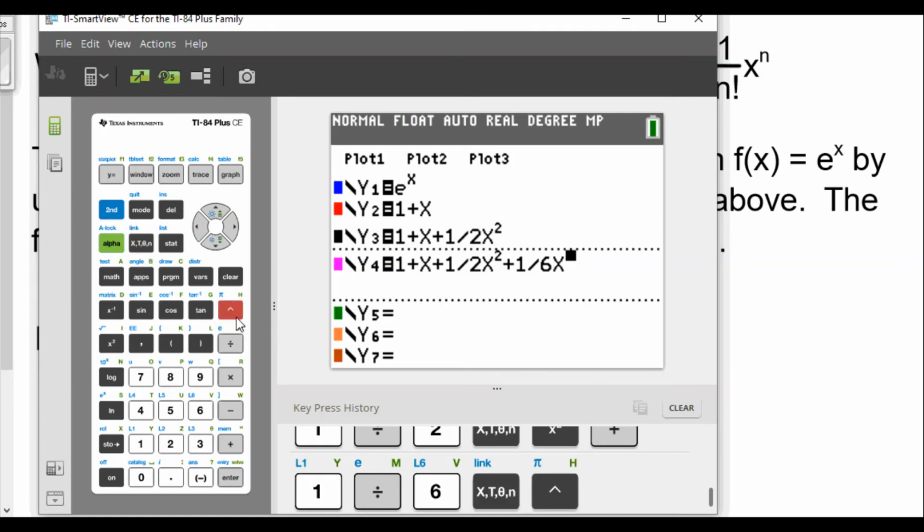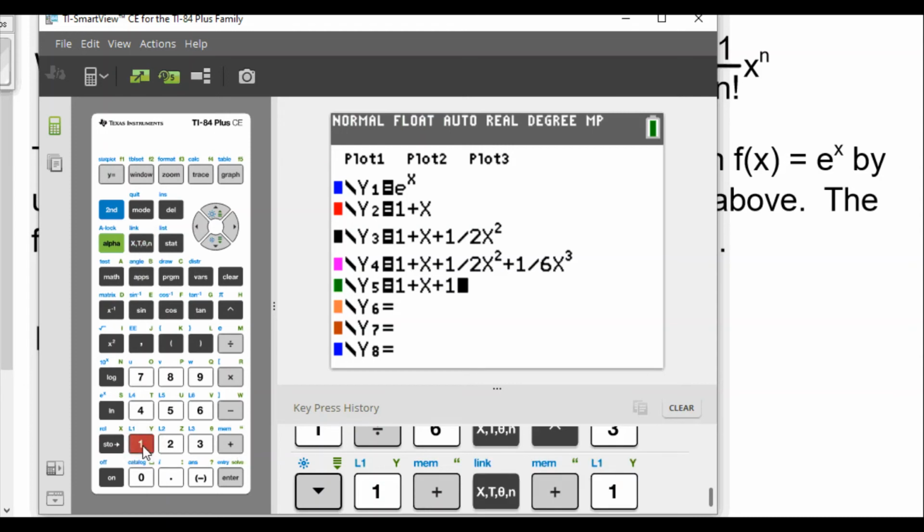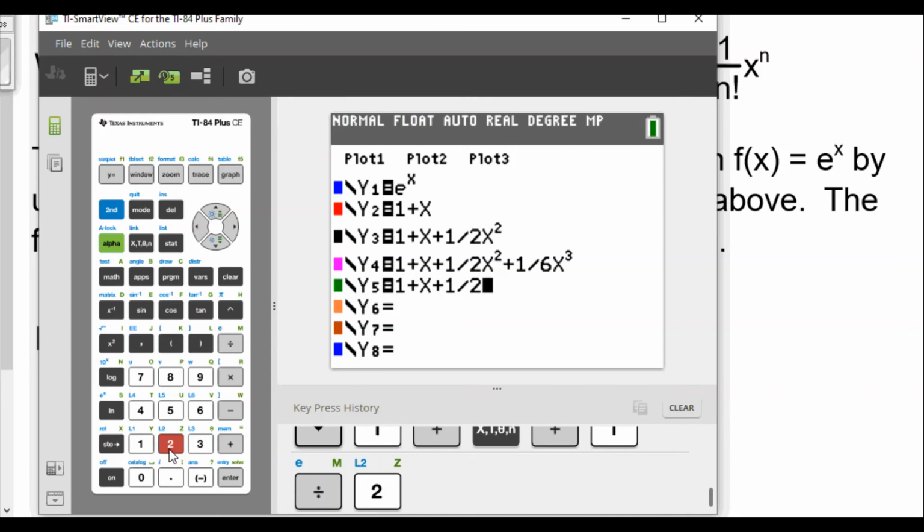Remember, not 3, but 3 factorial. And we'll go in one more.